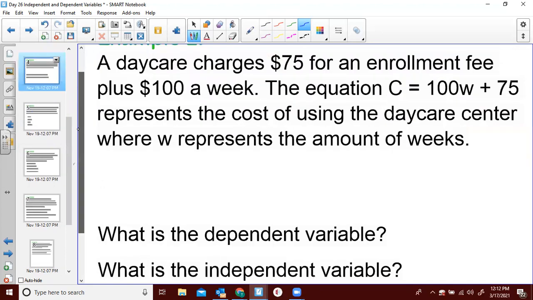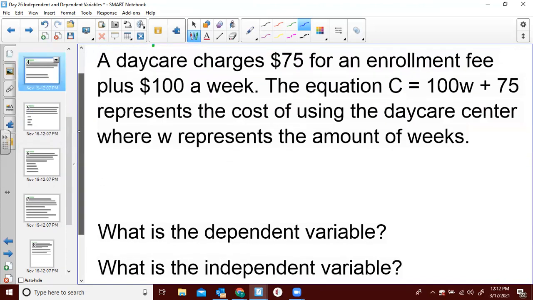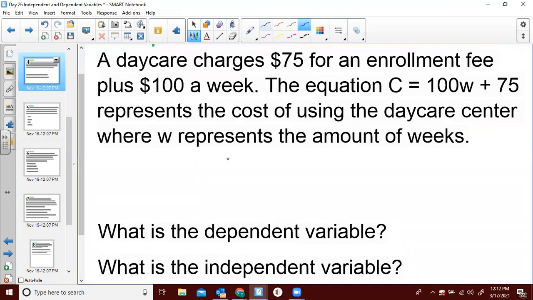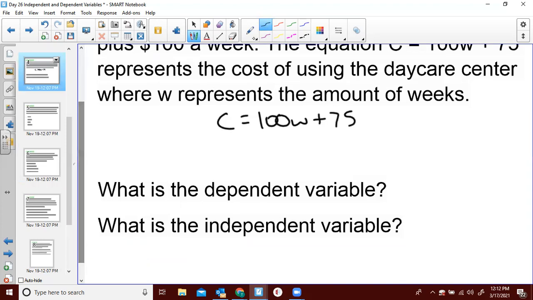All right, so a daycare charges $75 for an enrollment fee plus $100 a week. The equation C equals 100W plus 75 represents the cost of using the daycare center, where W represents the number of weeks.